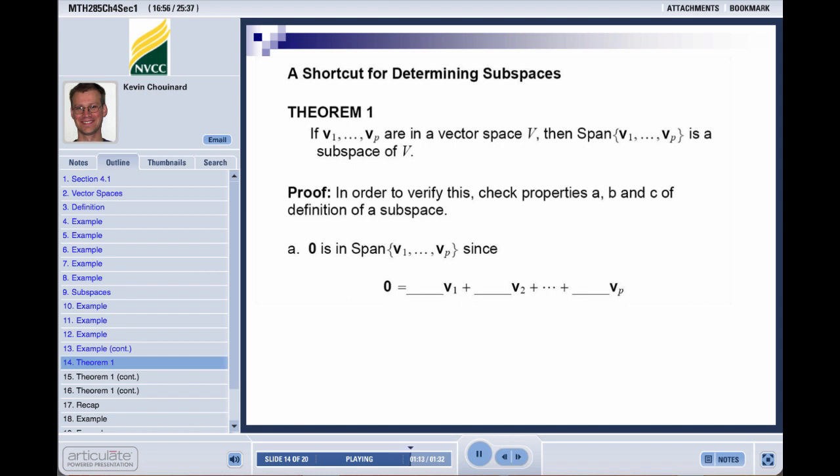Because when you're taking the span of v1 through vp, you're just saying that that's the set of all vectors that are a linear combination of v1 through vp, and one particular linear combination is to just take all zero scalar multiples. When you do that, you'll get a zero vector. So 0 does belong.